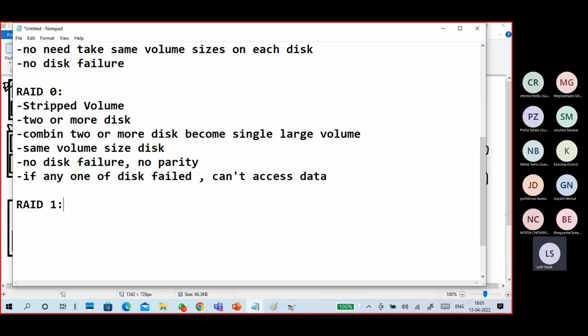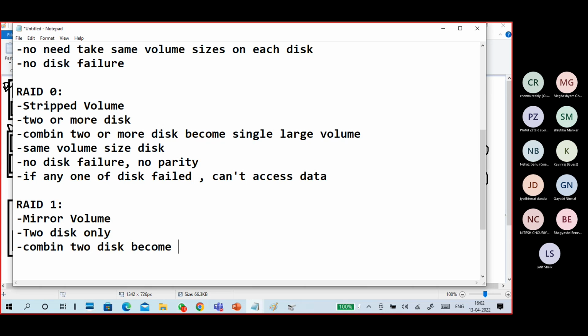The next level is RAID 1. What is the RAID 1 name? Anyone? Mirror. Yeah, mirror volume. How many disks? Only 2 disks. It combines 2 disks.